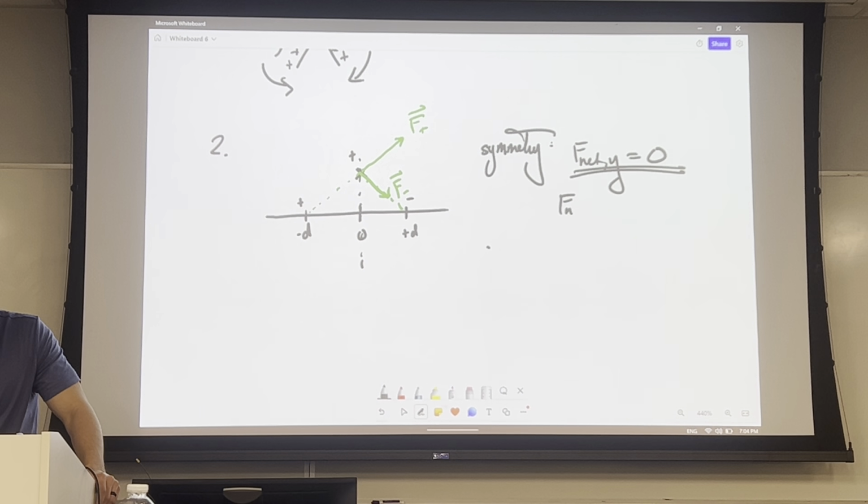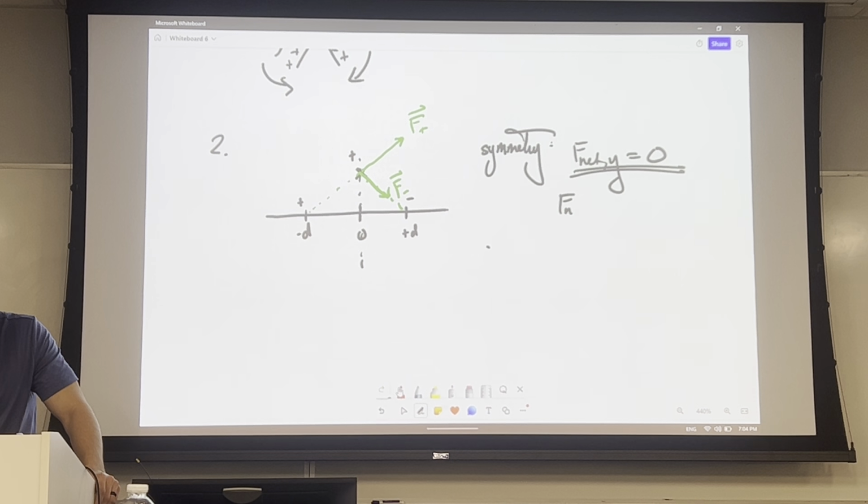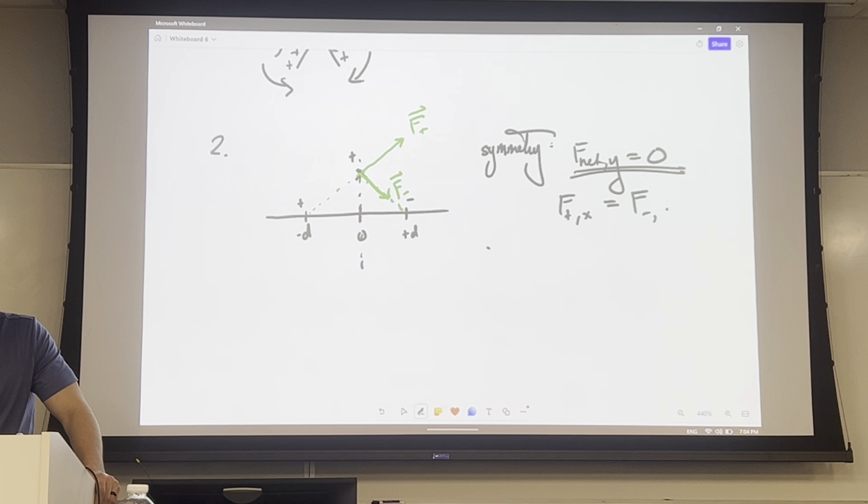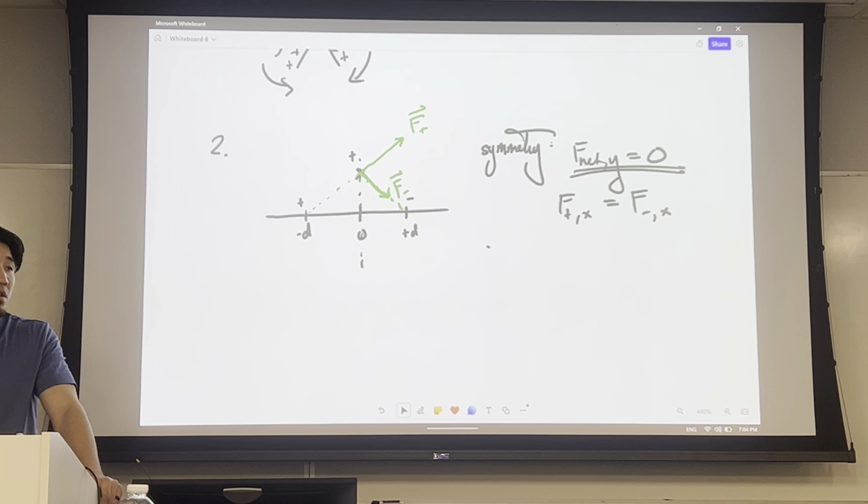Also, we know that the force of the positive in the x direction is equal to the force from the negative charge in the x direction.